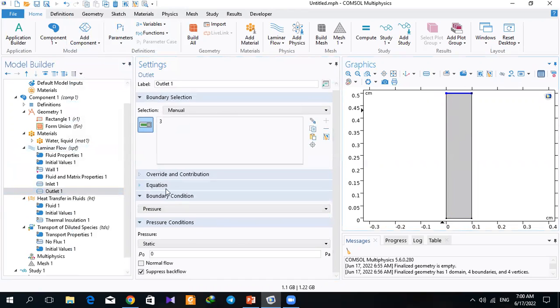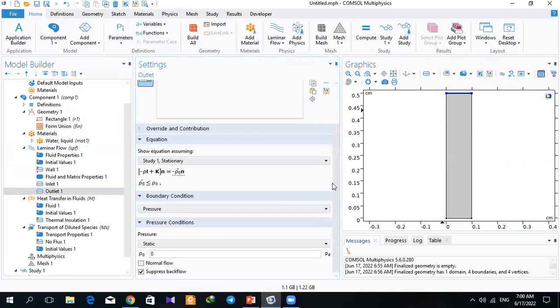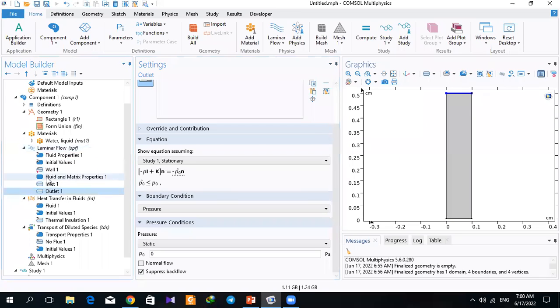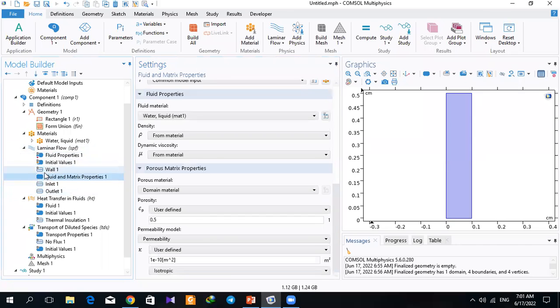The pressure is equal to 0. That means that it's releasing to the ambient and its gauge pressure is equal to 0. So here is the modeling that we applied for the porous domain. It's so easy, just inlet, outlet, walls, no slip, defining the fluid and porous media domain properties.